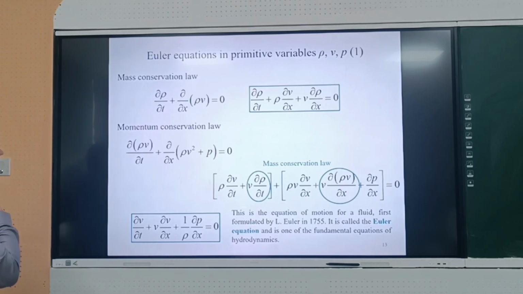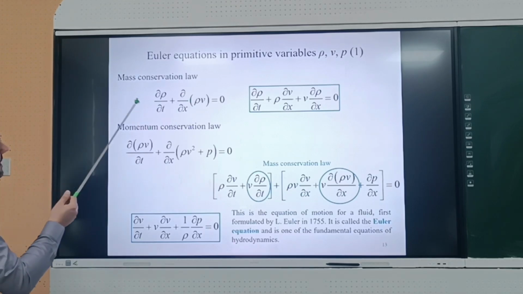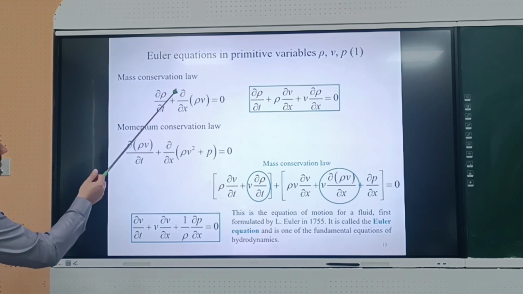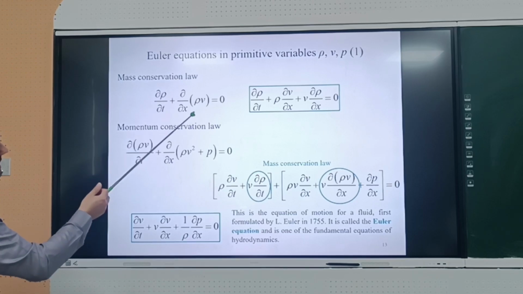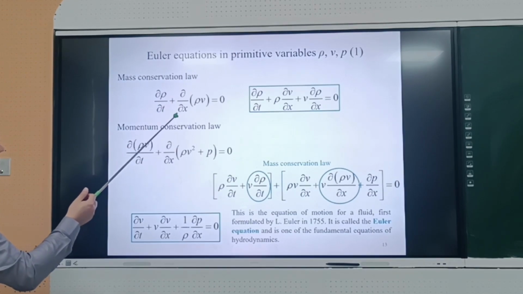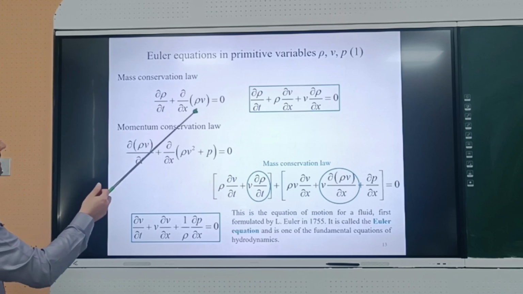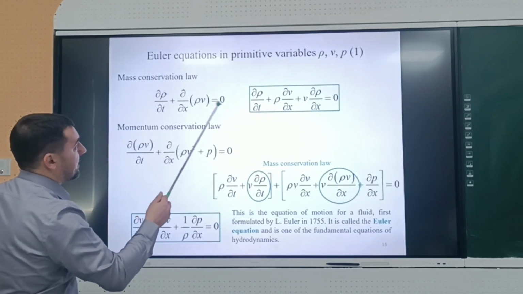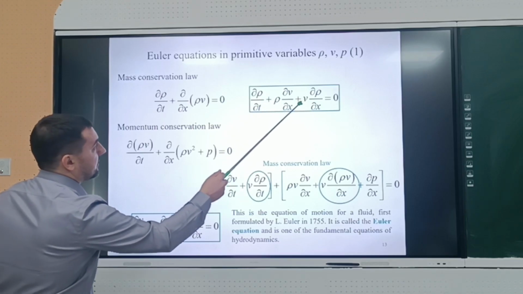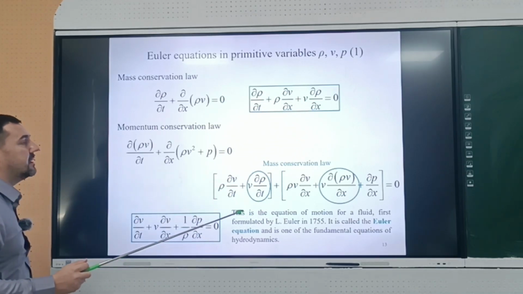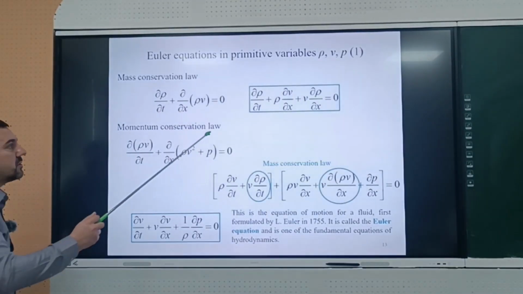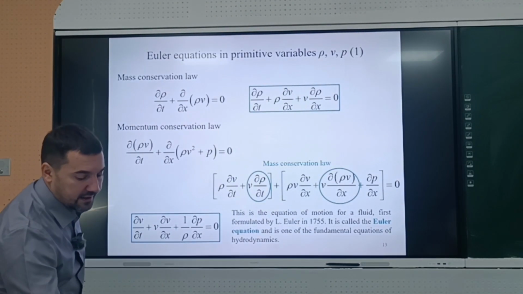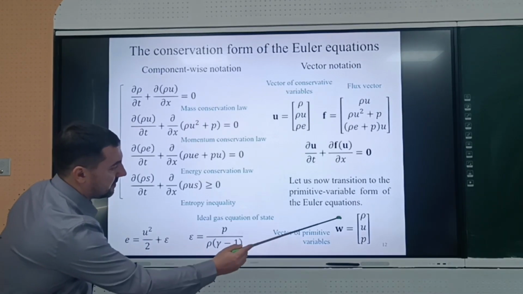So the general approach is to expand the parentheses and compute these derivatives as the derivative of a complex function, which is equal to a product of two functions. So d rho over dt plus, expanding the parentheses, rho dv over dx plus v d rho over dx equals 0.